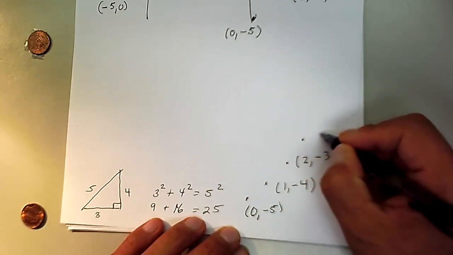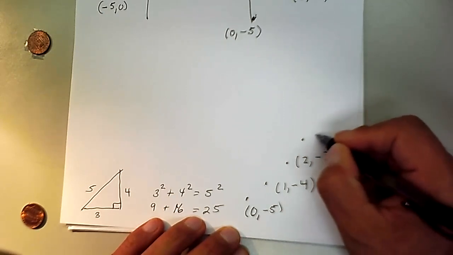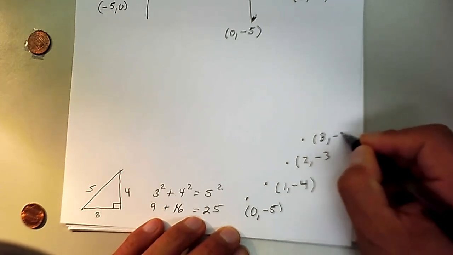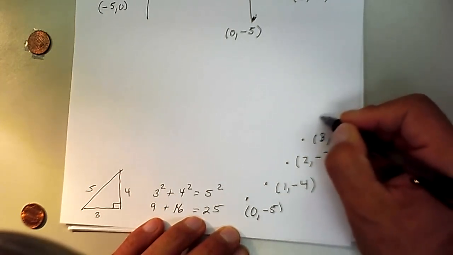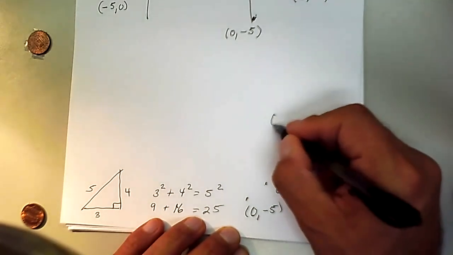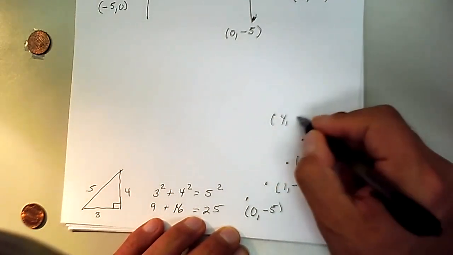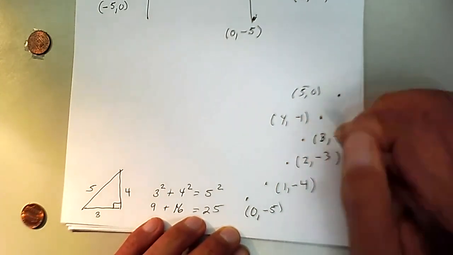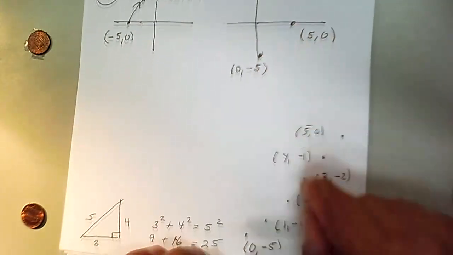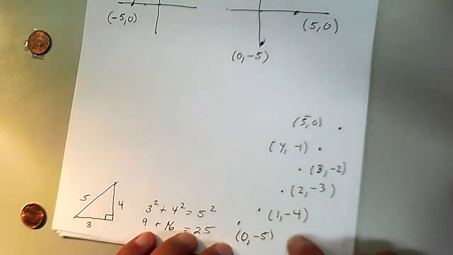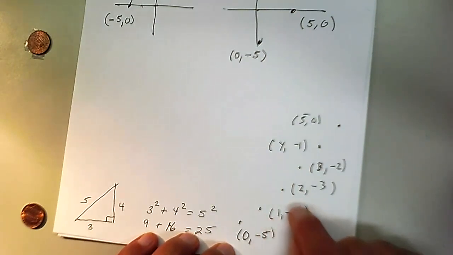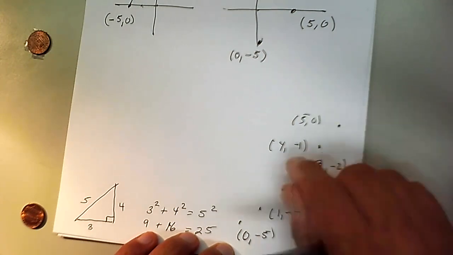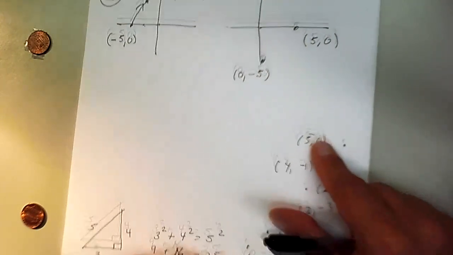Then 3, -2. I'm going to start putting the coordinates here. 4, -1. And then eventually we reach 5, 0. So I'm not stating that we are going on a straight line. If we were going on a straight line, those are the coordinates we will have: 0, -5, 1, -4, 2, -3, 3, -2, 4, -1, 5, 0.